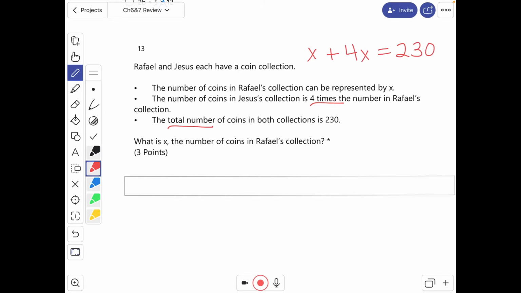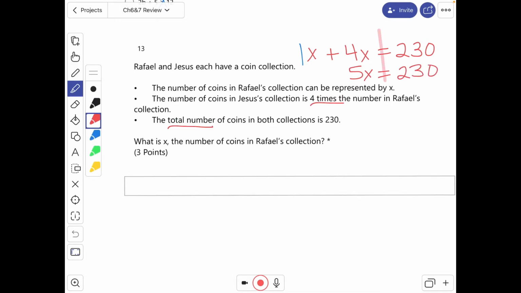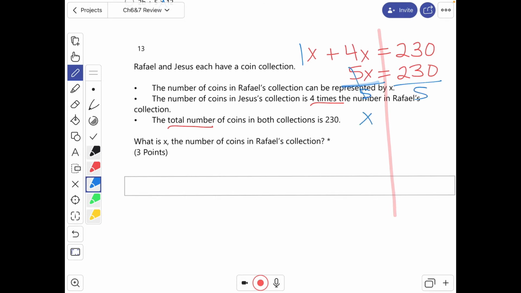So first let's put our X's together. That makes 1X plus 4X makes 5X's equals 230. And then remember, we have to get the X alone in order to solve it. So we do the opposite of multiply, because that's 5 times X. So the opposite of times 5 would be to divide by 5 on both sides.